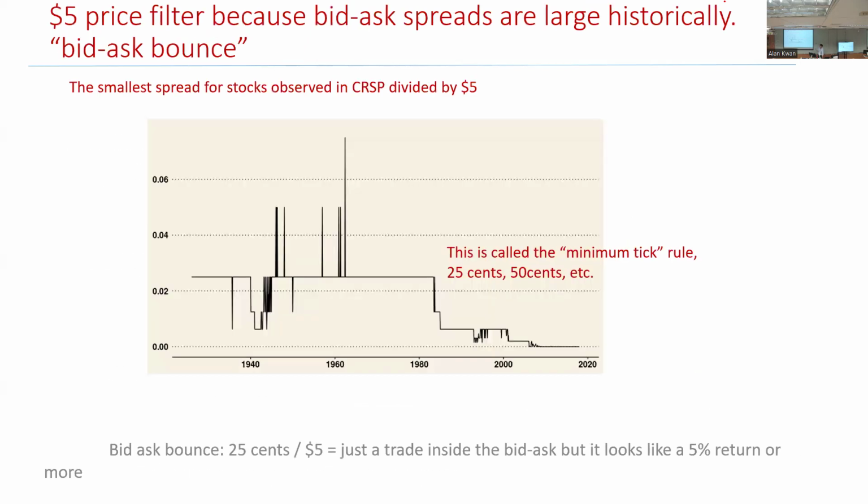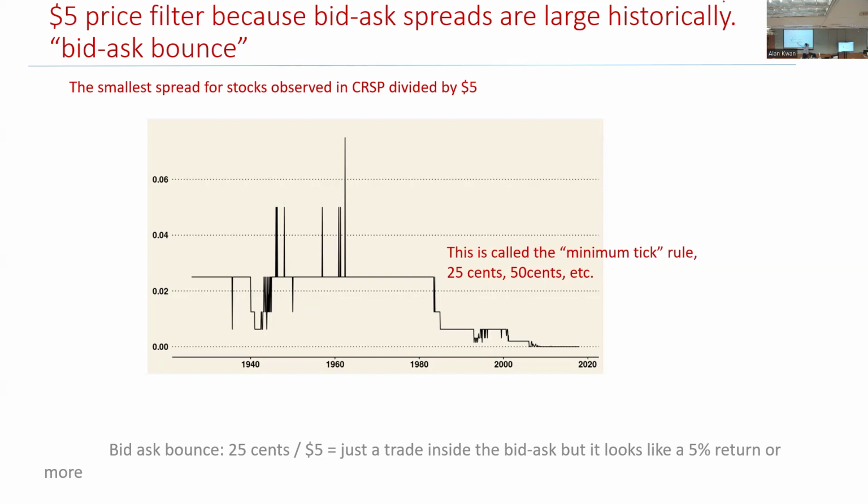They got rid of the minimum. So in the data, I divided the average bid-ask spread in CRSP, the data set we're going to use, by $5. This is the minimum tick divided by $5 over time. People impose a $5 price filter because 25 cents over $5 is roughly when a round trip cost is 2.5%.